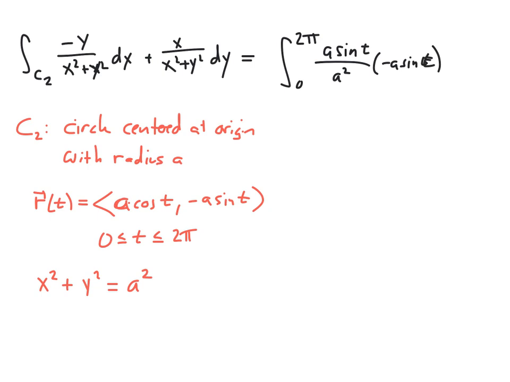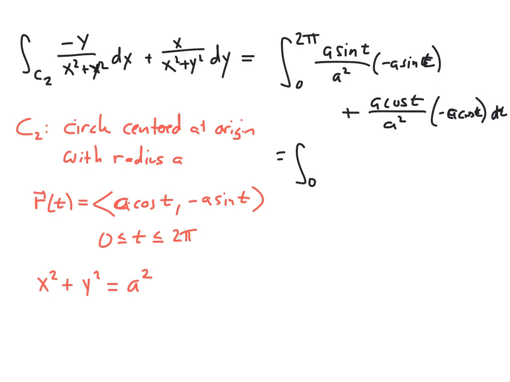And then we're going to add to that x, and we're going to have to add that below. I apologize for space. So we have to add x, which is a cosine of t, divided by x squared plus y squared, which is a squared, multiplied by dy, which is going to be negative a cosine of t. And all of that dt.